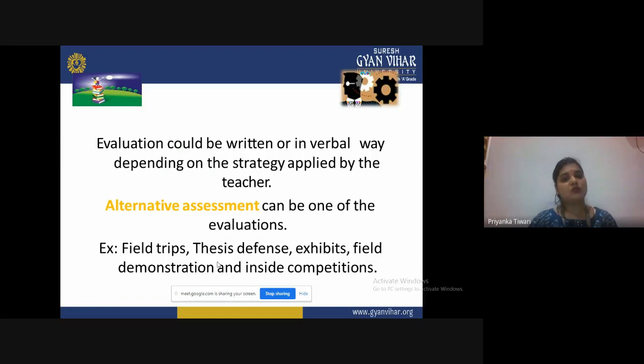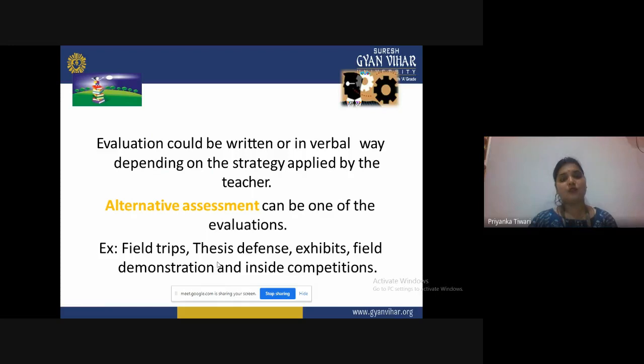So evaluation could be written or in a verbal way, depending on the strategy applied by the teacher and on which kind of assessment they are applying.